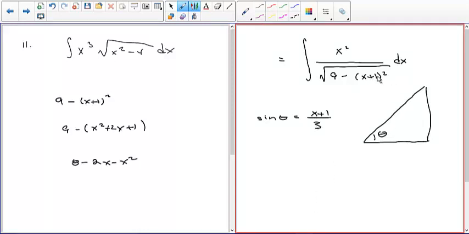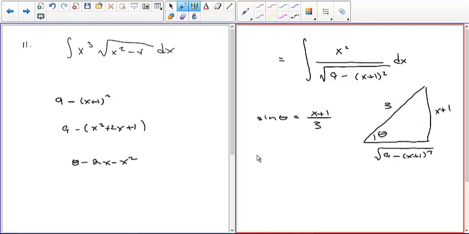So the square root of x plus 1 squared is x plus 1. The square root of 9 is 3. Okay, so the numerator is the opposite. The hypotenuse is the denominator. And when you find the third side, you'd end up with 9 minus x plus 1 squared.